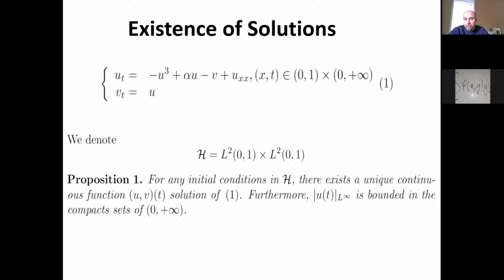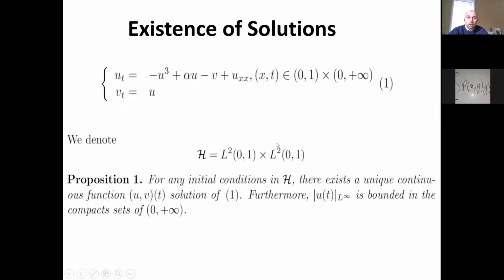So just a comment, we can prove that this equation has a solution, and we work in the space L2 times L2. So u belongs to L2 and v belongs to L2.